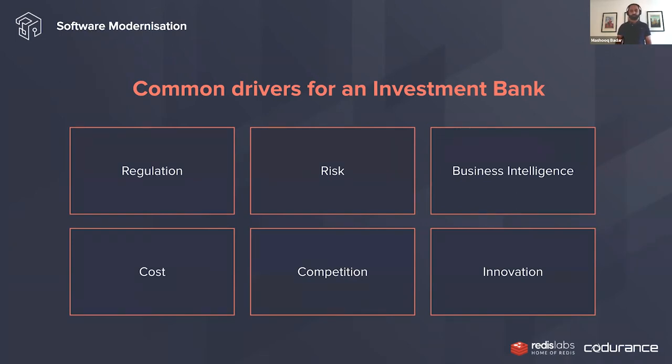There are regulations around reporting, but also around providing open systems for open markets and those kinds of things. And of course, risk, business intelligence, cost, competition, these have always been there.